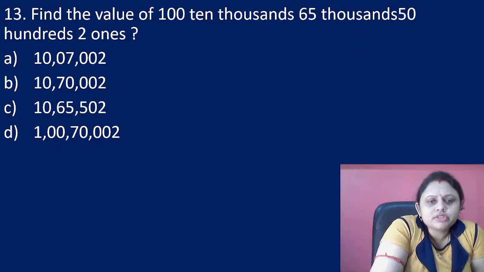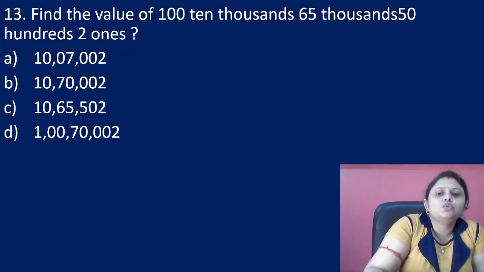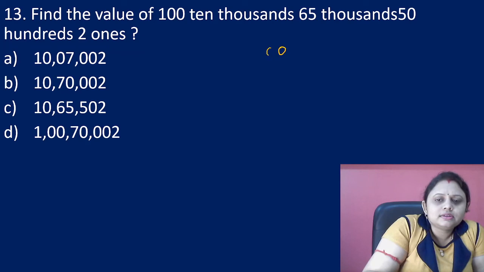What is our question number 13? Find the value of 100 ten-thousands, 65 thousands, 50 hundreds, 2 ones. Okay, 1, 10, 100, 1,000. After 1,000, 10,000 comes.